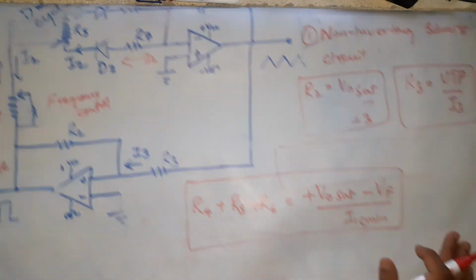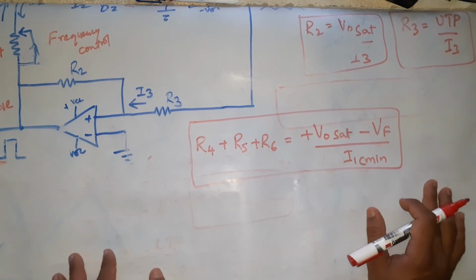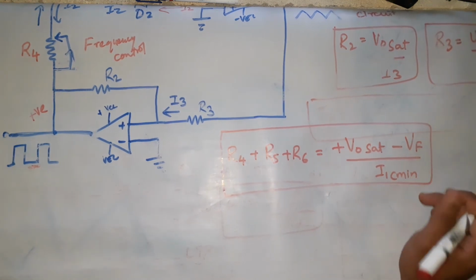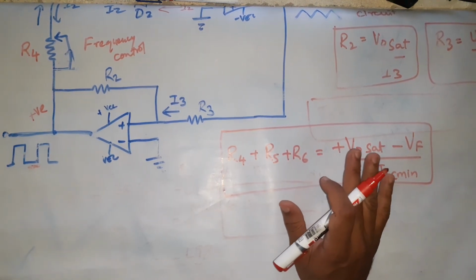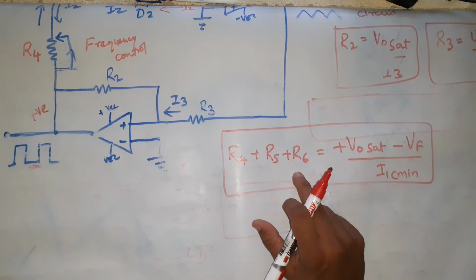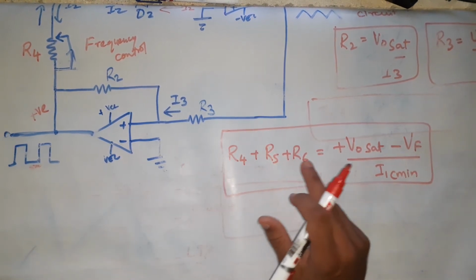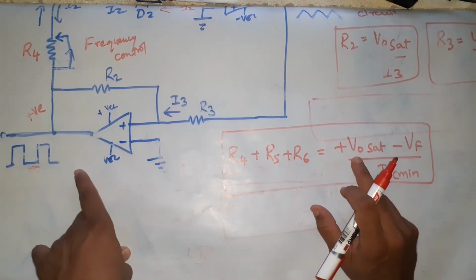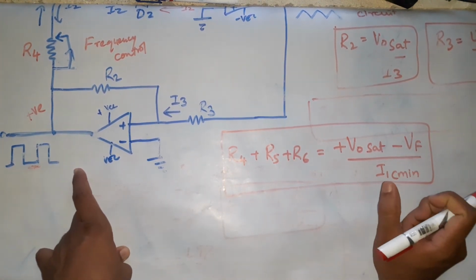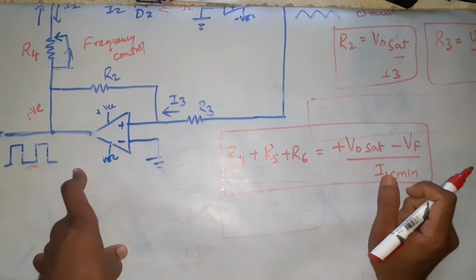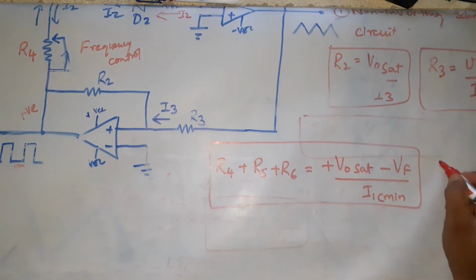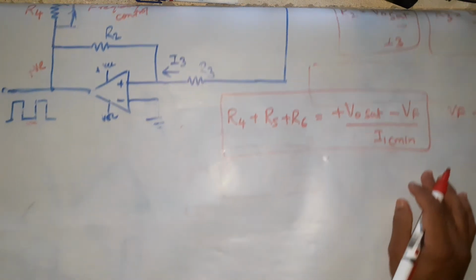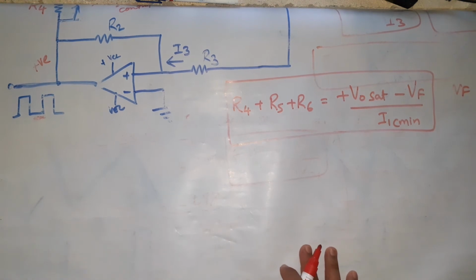Now, for I1 current to be minimum, it has to flow through R4, R5, R6, all resistances in series. So I have added R4, R5, R6. So this is equal to the output voltage of the Schmitt trigger minus Vf, divided by I1 minimum, where Vf is the forward voltage drop of diode D1.